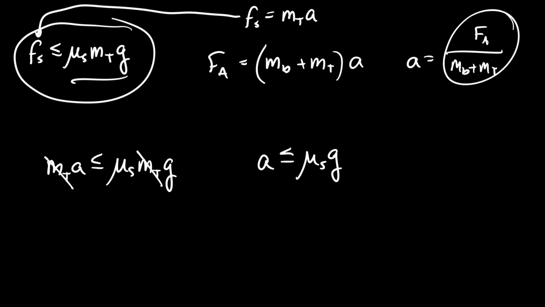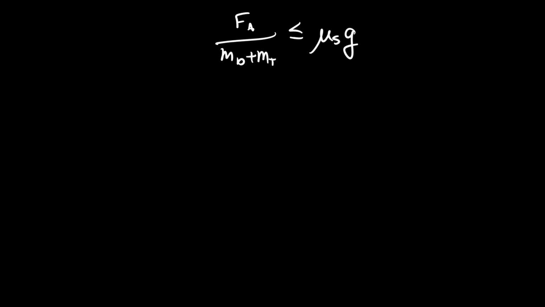Well, I have this. Can't I substitute here as well? Now I've done it. I have put together a relationship that has my given information in it and tells me how big the applied force can be.